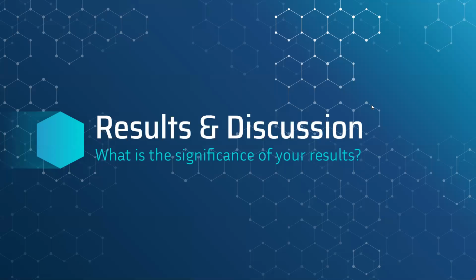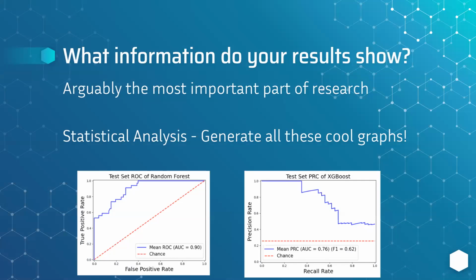Oh, whoops. Okay, so results and discussion. After you experiment and gather all your data, you get your results, right? So now with those results, you can finally discuss and analyze them, do statistical analysis on them to get significant results, okay? So how do we do that? Yeah, statistical analysis, we can generate all these cool graphs. They're higher level statistical graphs.